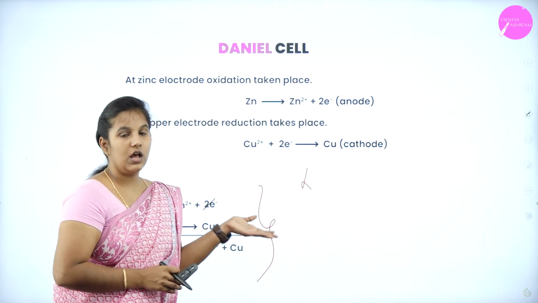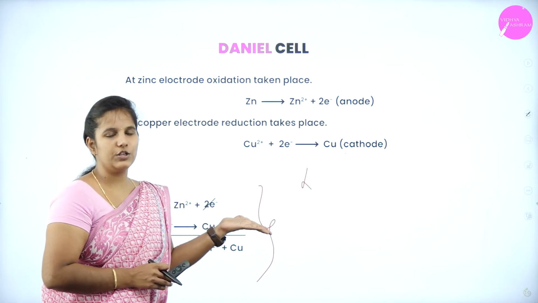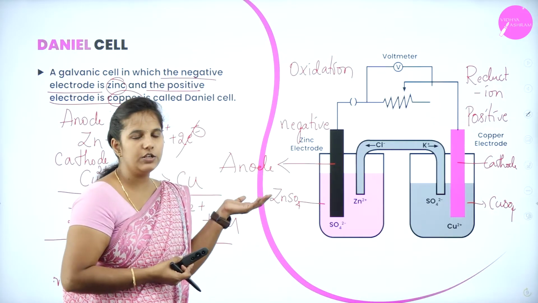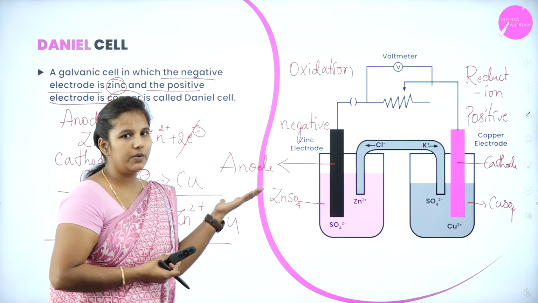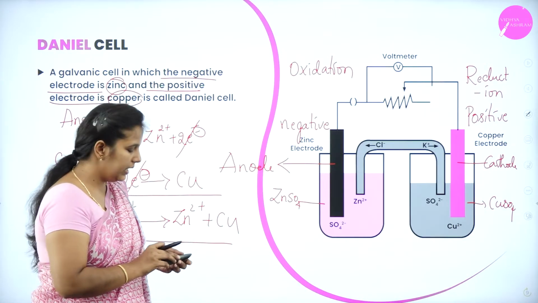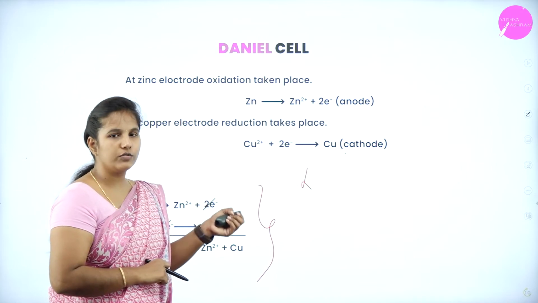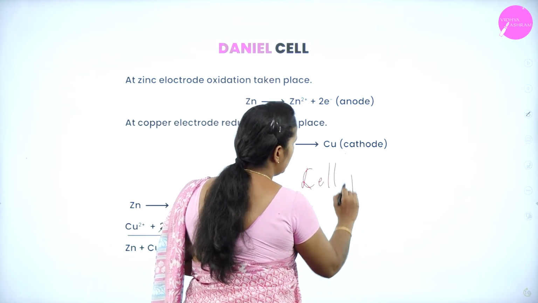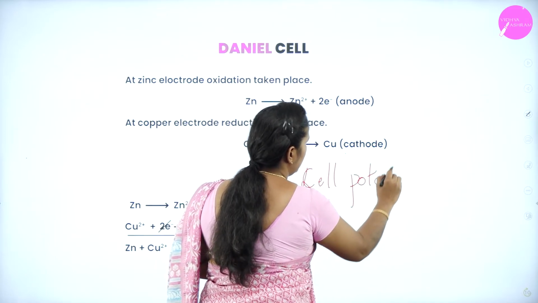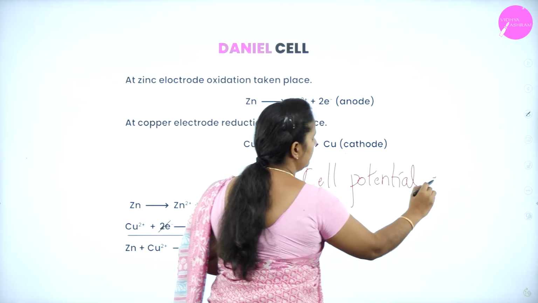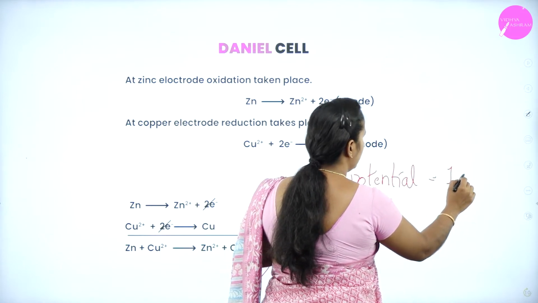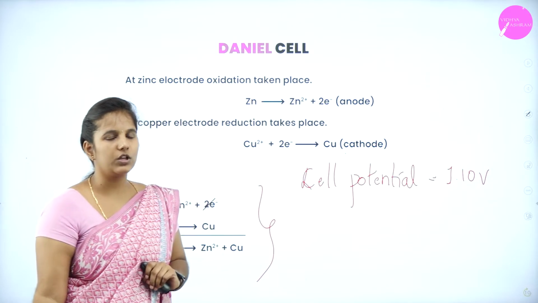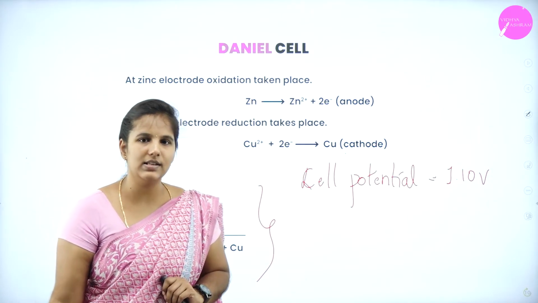After writing this, you can write the cell potential, which is measured by a voltmeter. The cell potential of this Daniell cell will be equal to 1.10 volt. 1.10 volt is the cell potential of the entire Daniell cell.